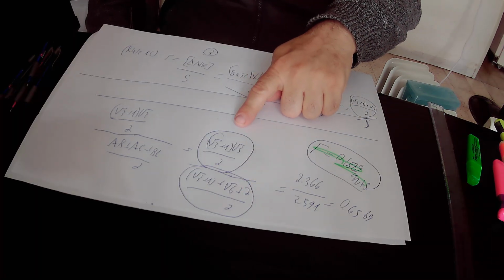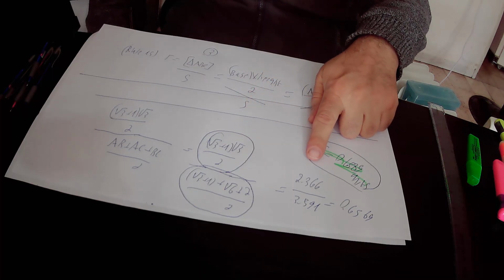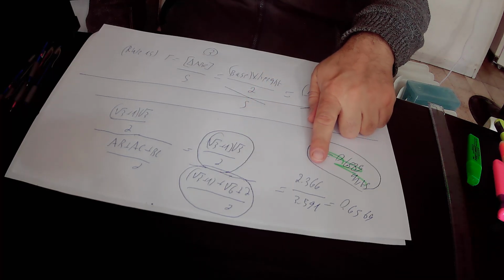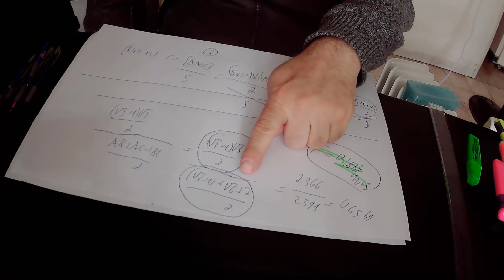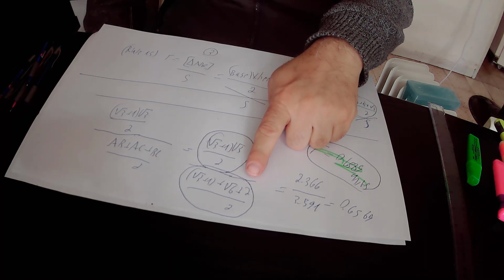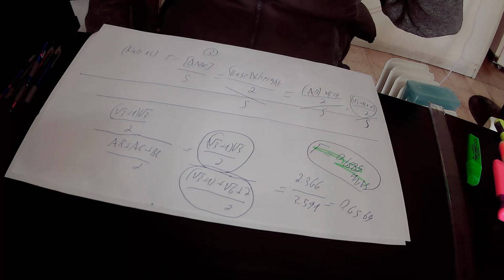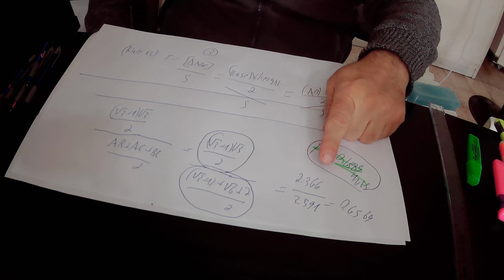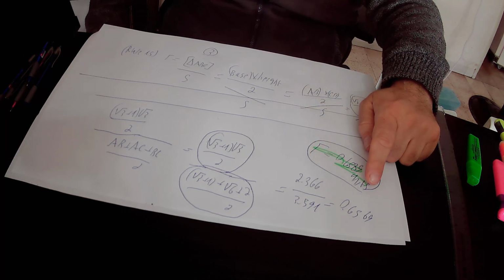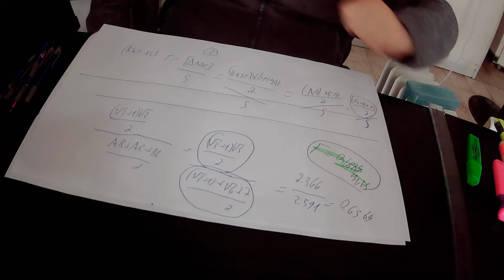This expression equals the area of triangle ABC, that is actually 2.366 square units. And this expression is the perimeter of the same triangle ABC. The value of this expression equals 3.591. So the radius R equals 2.366 over 3.591, that is actually 0.6589 units.